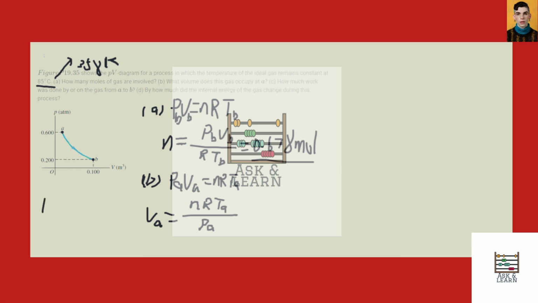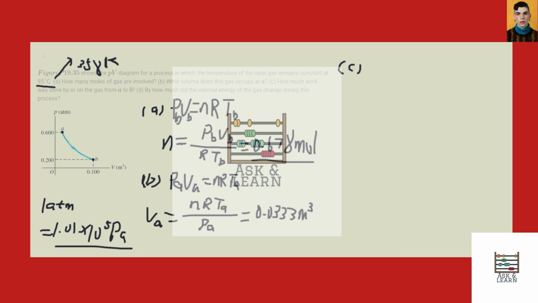I just write here 1 atm equals 1.01 times 10 to the 5th Pascal. The Pascal is the standard unit. So the final result is 0.0333 meters cubed.